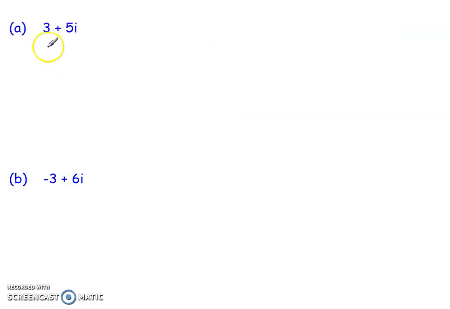So the first one, both of these, I want you to calculate the modulus and argument of each of those numbers. So the first one is z equals 3 plus 5i. First thing we want is the modulus of z, which we know is given by the square root of x squared plus y squared.